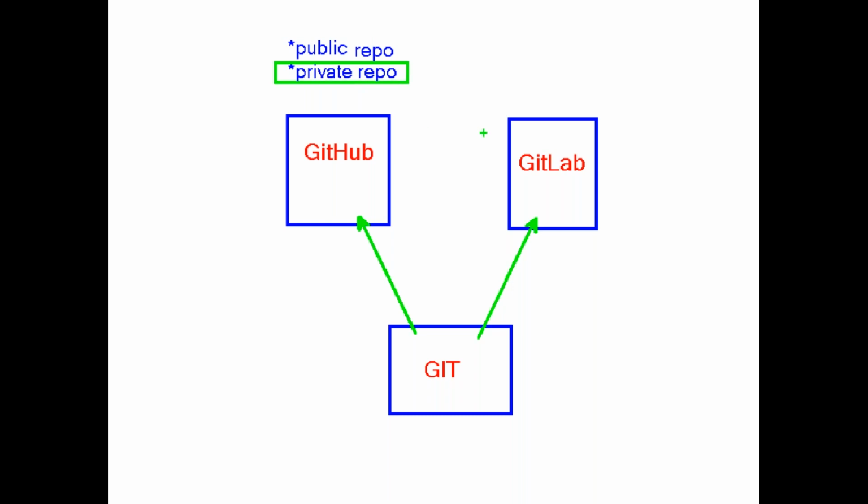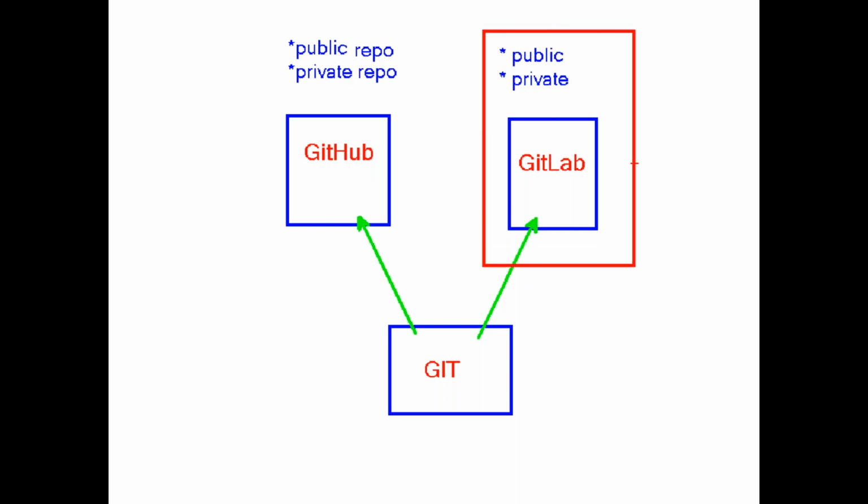But with GitLab, we can create either public or private repositories. GitLab we will configure in our own infrastructure, so we can create any repository, public or private. Then we can upload our code to GitLab.